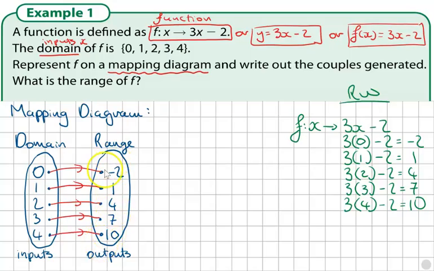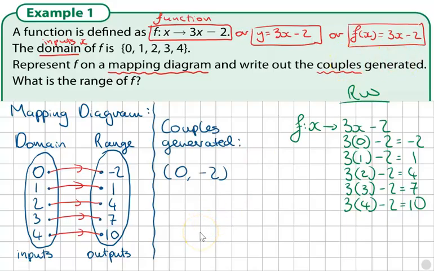So we don't have any elements left over, so the range and the codomain are the same. Now we want to write out the couples that are generated. So our couples generated, 0 maps to minus 2, so we've got bracket 0, comma, minus 2. Then 1 maps to 1, so we've got 1, 1. Then 2 maps to 4. We've got 2, 4.